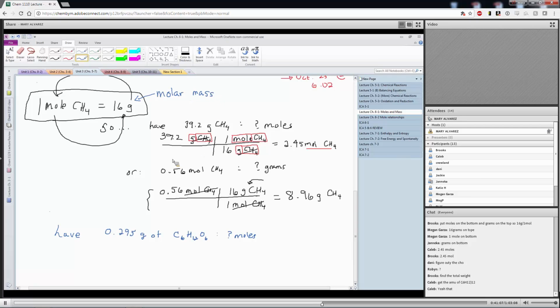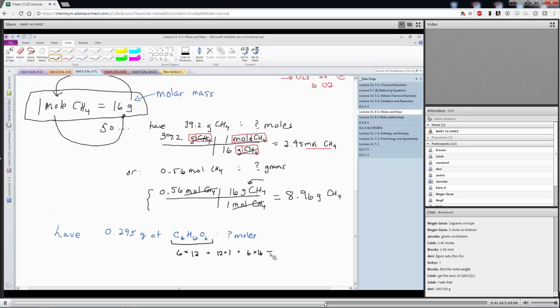Okay, we can do that. We've done it before. So the molar mass of C6H12O6, we're going to be just a little bit sloppy here. 6 carbons that each weigh 12. By sloppy, I mean I'm rounding. Plus 12 hydrogens, which each weigh 1. Plus 6 oxygens, which each weigh 16.